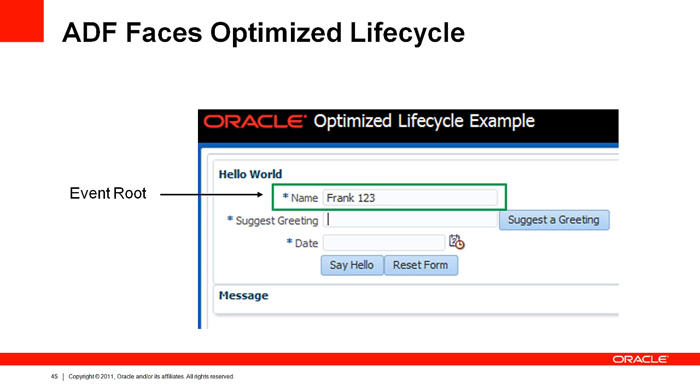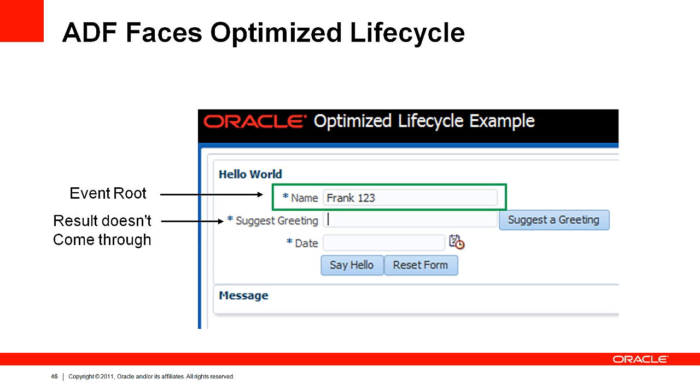So what we could do is enlarge the event root, or the event boundary, to include the suggest greeting field. And for this, we use the partial trigger property.